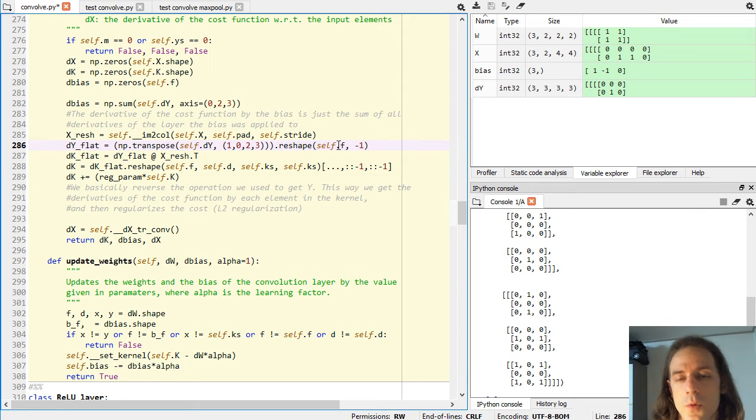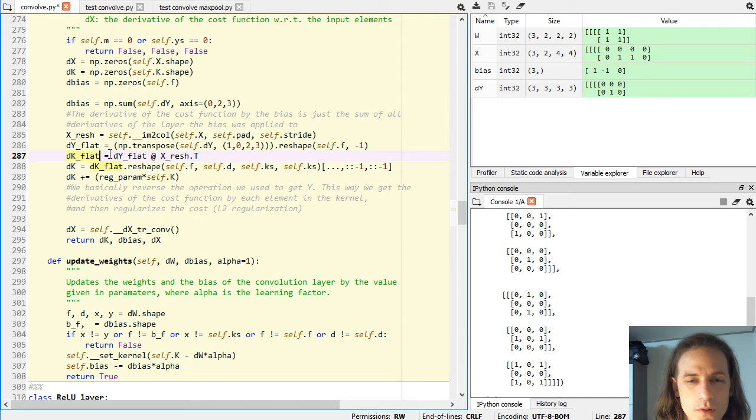The -1 tells NumPy to divide the number of cells by that number and just flatten in that many rows and find out how many columns there will be by itself.